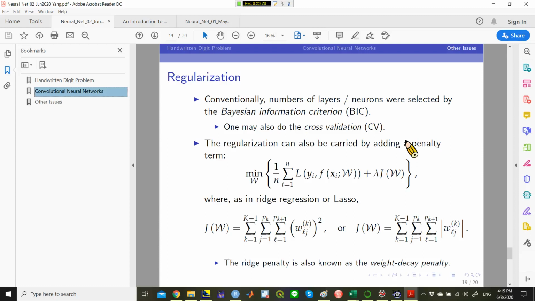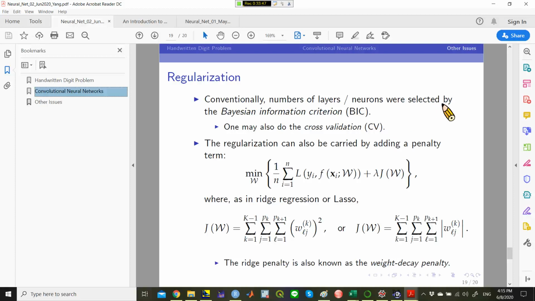We fit the model and compute the Bayesian information criterion. This model has 20 neurons. We estimate the model and compute the Bayesian information criterion. We do it again and again, and in the end, we pick the one with the smallest BIC. Or, as you know, we can estimate the test error rate by cross-validation. We should do that, right?